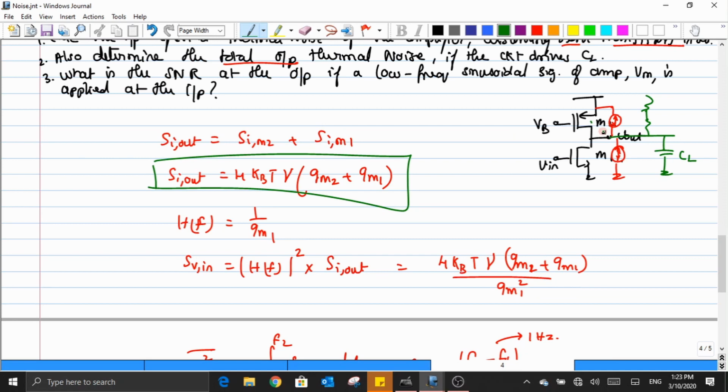When I look through the drain of M2, rO2, when I look through the drain of M1, I have rO1. Okay. So now, how will I convert a current into a voltage? By making the current flow through this impedance structure. Now what is that impedance value that I would get, which will act as a kind of transfer function? What is the transfer function that I get out of this?